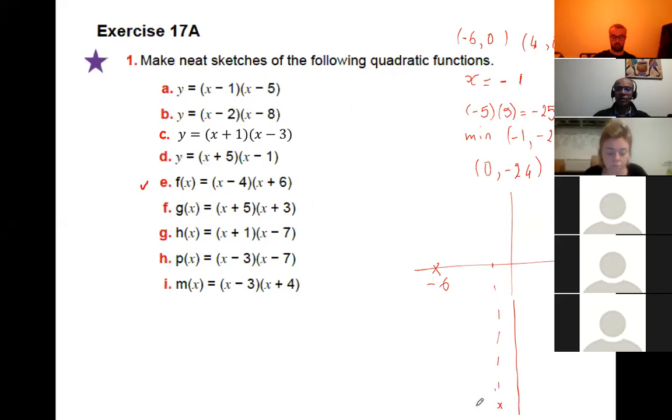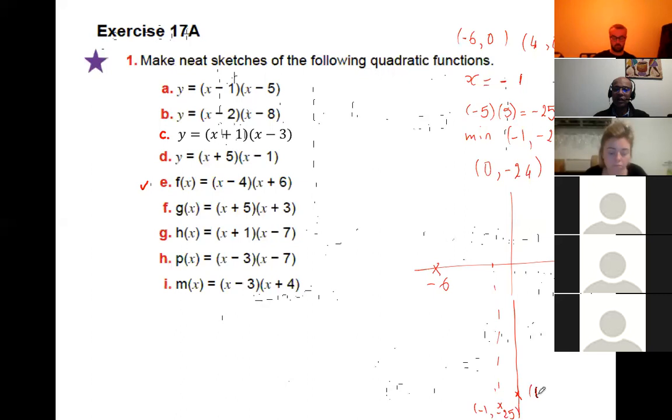So 0 here, so -1, -25. And 0, -24 here. So I've got enough points to draw my graph.